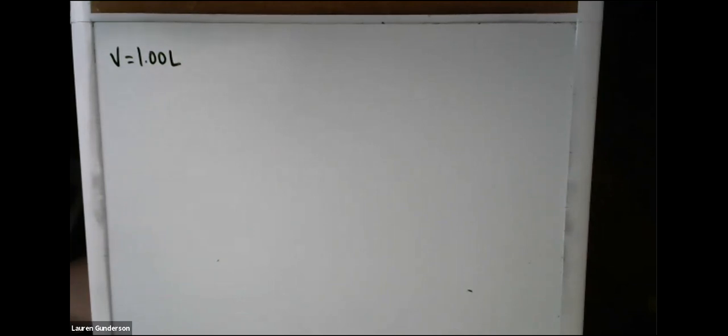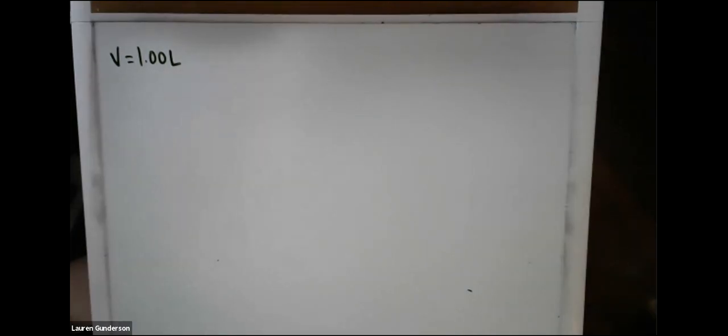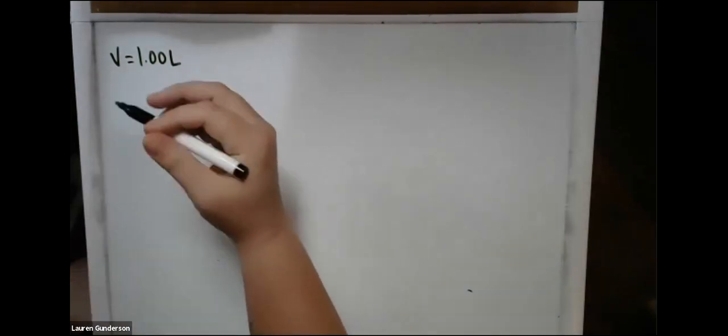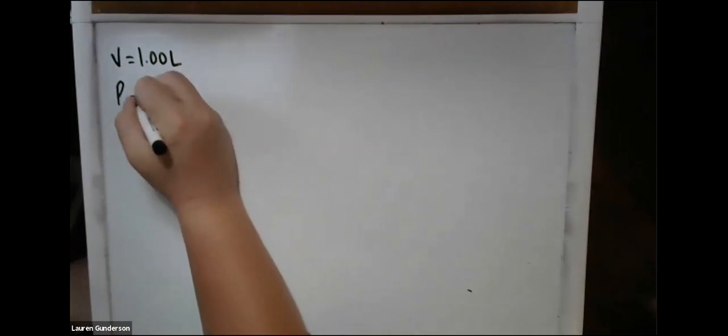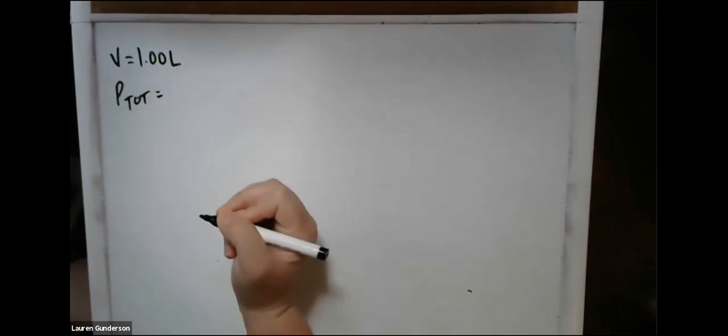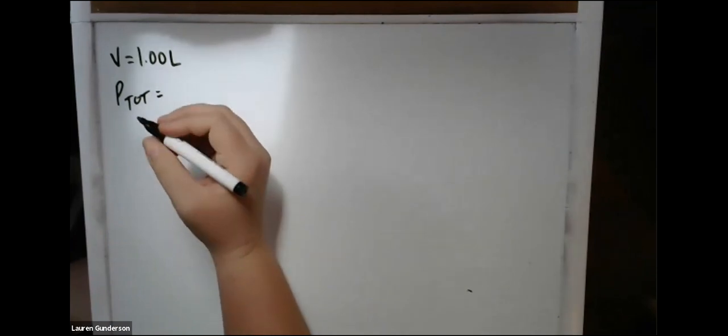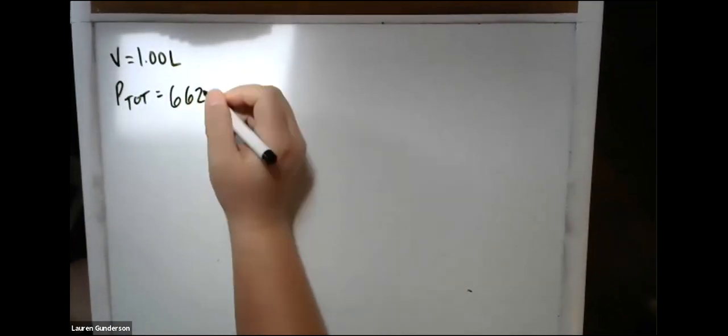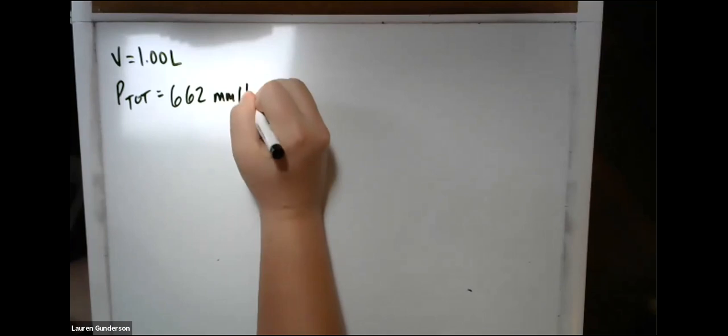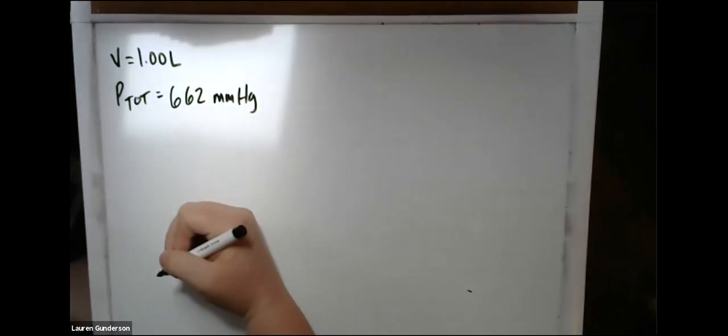Our volume is 1 liter. Our total pressure is 662 millimeters of mercury.